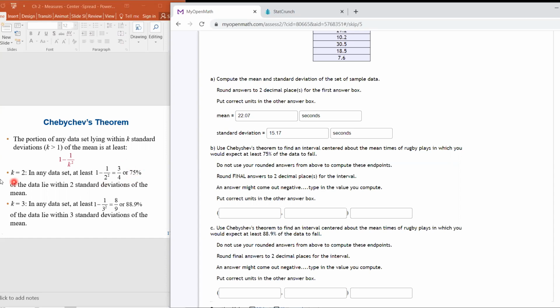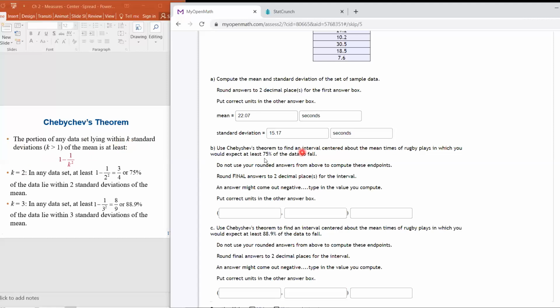So now as you read this and then you look at your problem, you realize that they are looking for an interval containing at least 75% of the data, which means you will associate this number with k equals 2. K equals 2 means that interval will be within 2 standard deviations of the mean.